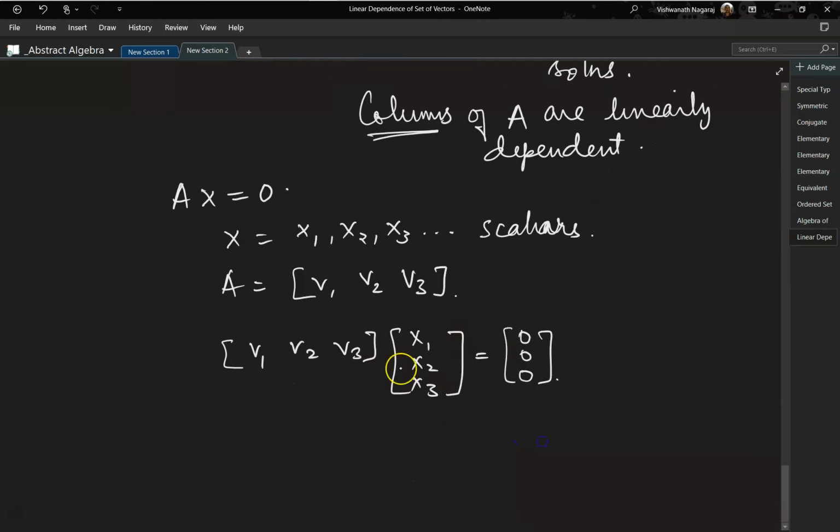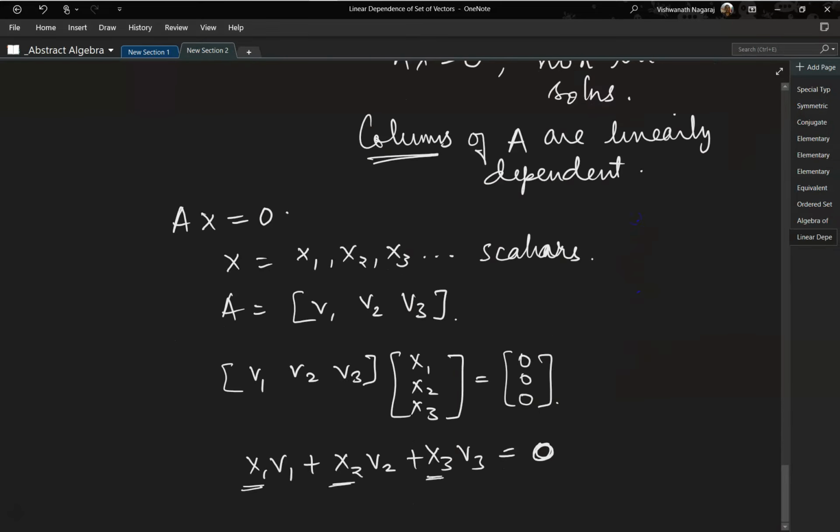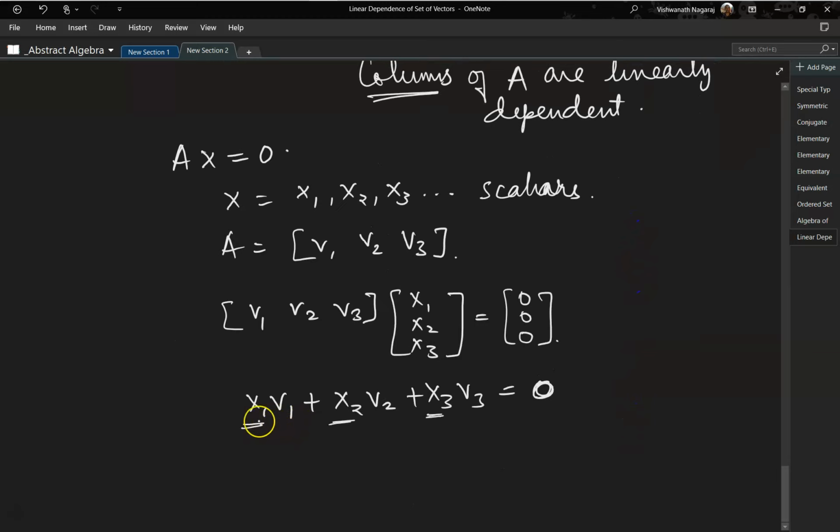So if we do the multiplication, we will get x1 v1 plus x2 v2 plus x3 v3 equal to 0. Remember here x1, x2, x3, previously I have been using k1, k2, k3, right? So you should be in a position to figure out which is the vector and which is the scalar. If the notation is written properly with vector notation, then it's much easier to figure out. In short this can be written as Ax equal to 0.